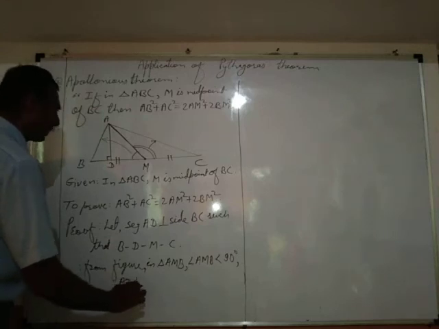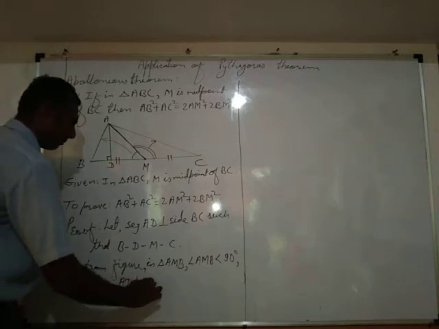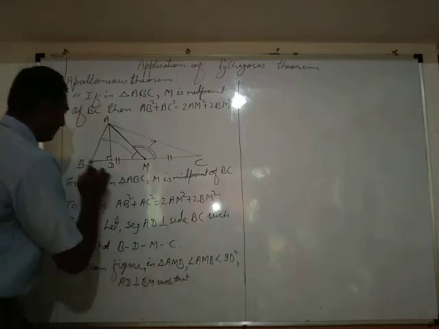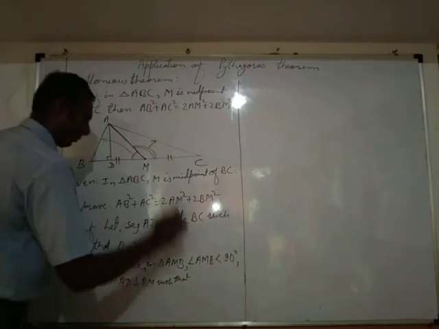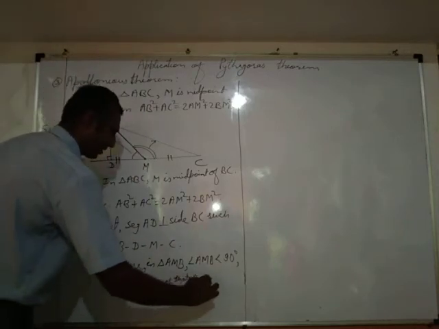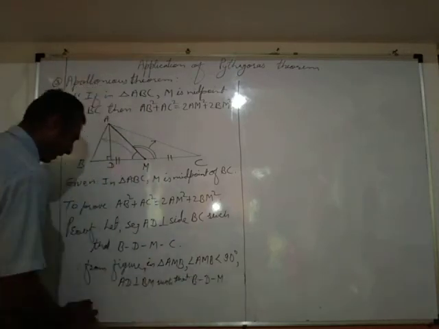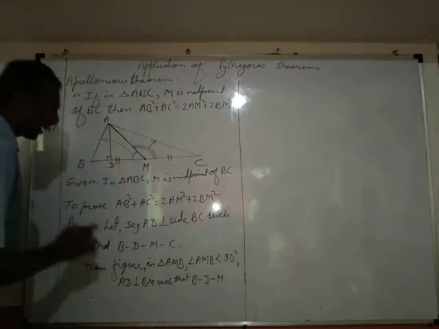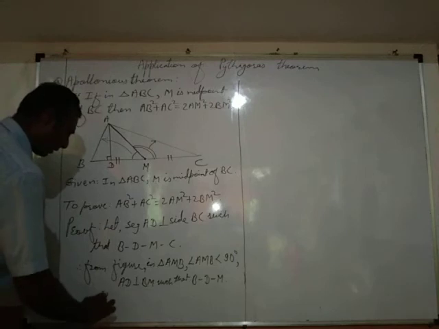AD perpendicular BM such that B-D-M, and therefore square of the side opposite to acute angle, means what?